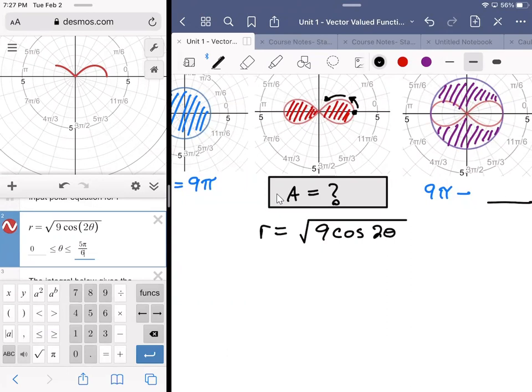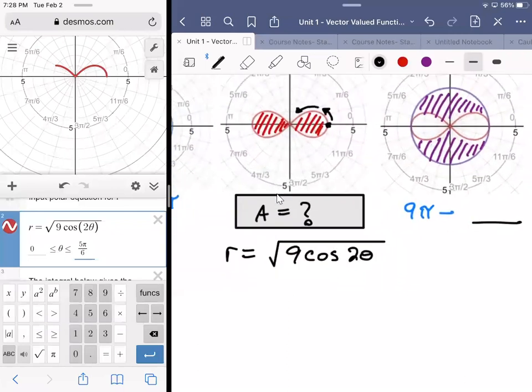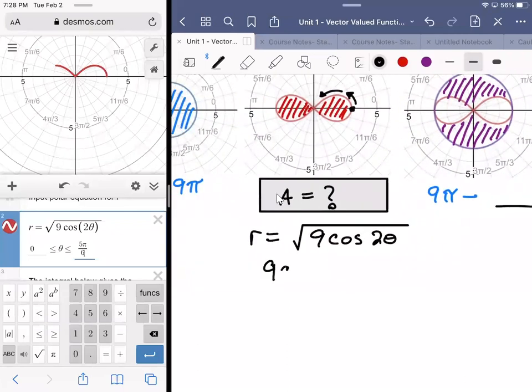The value underneath that, the radicand, needs to be not only 0, but greater than 0. It can't be negative. So let's look at 9 cosine 2 theta. Let's make that greater than or equal to 0. So we're only focusing on values that are greater than or equal to 0.